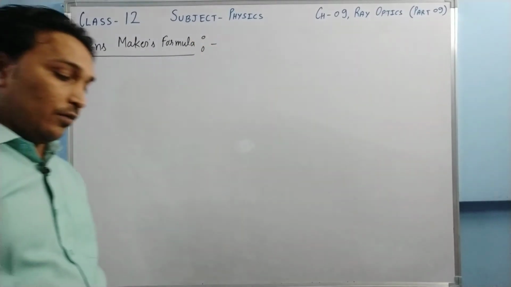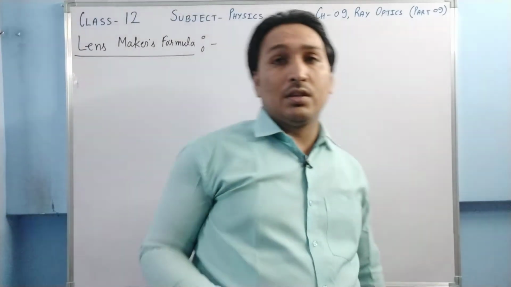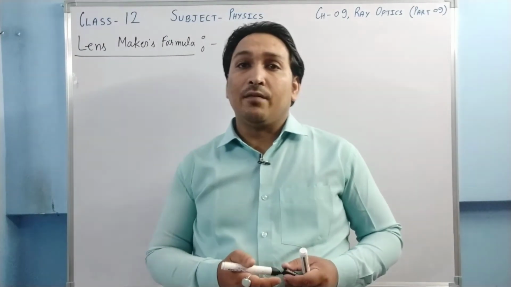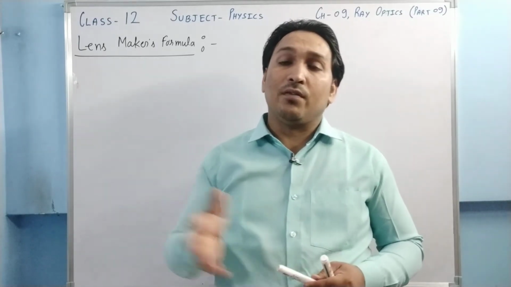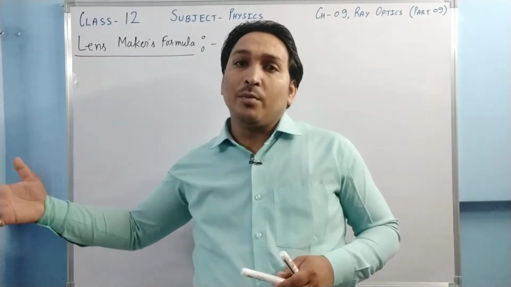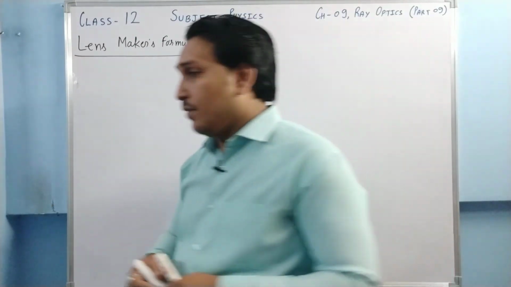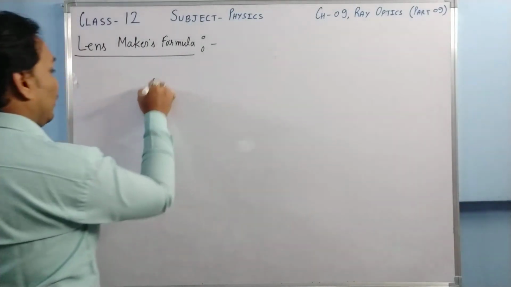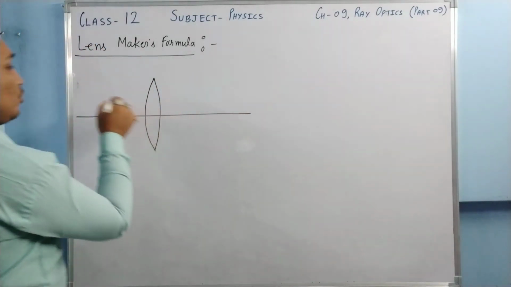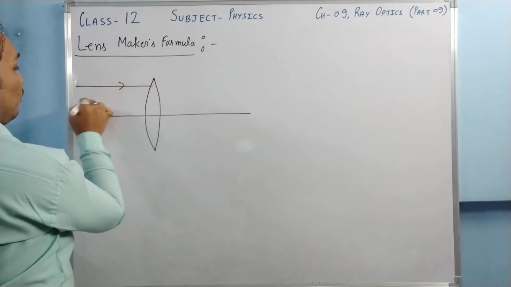For focus, I must say that focal length is defined as the distance from the optical center of the lens at which an image is formed if the incident rays are parallel to the principal axis. If this is a convex lens, first of all we should know what is focus, what is focal length.